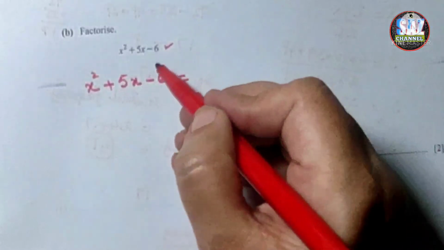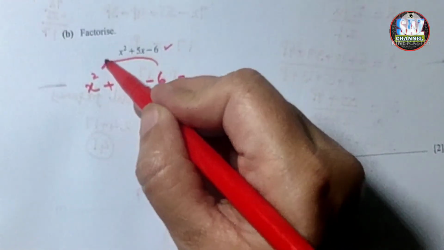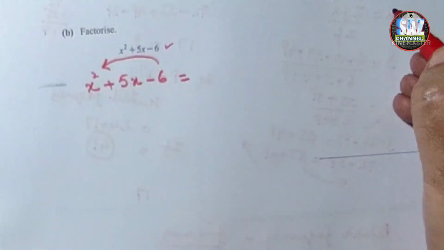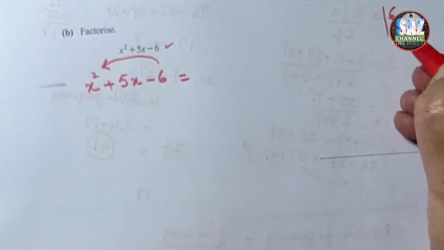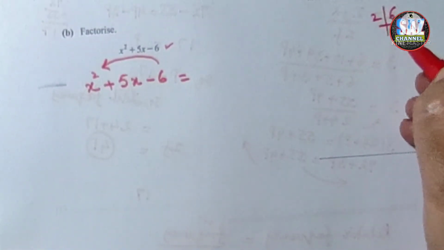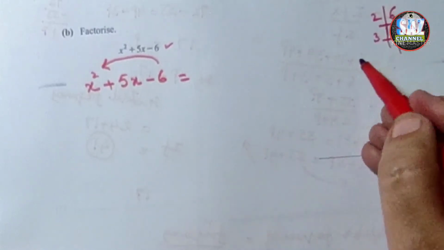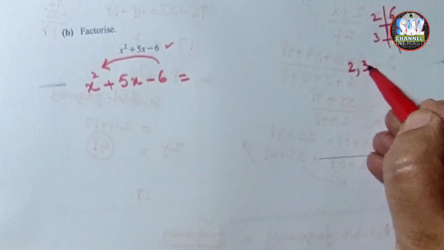This is paper 1, so first we think about middle term breakage. We multiply the constant with the coefficient of the square term, and it will become 6. Now we make the prime factors: 2 and 3, and 1. So the factors of 6 are 2, 3 and 1.